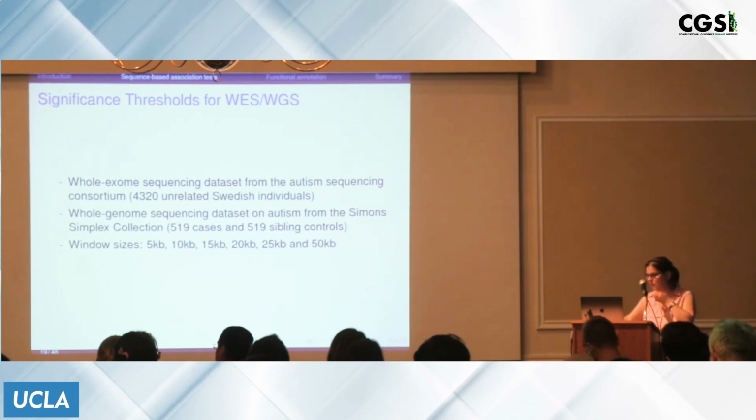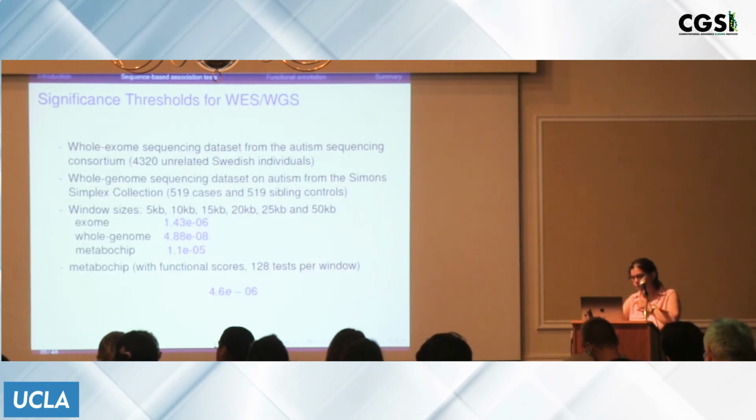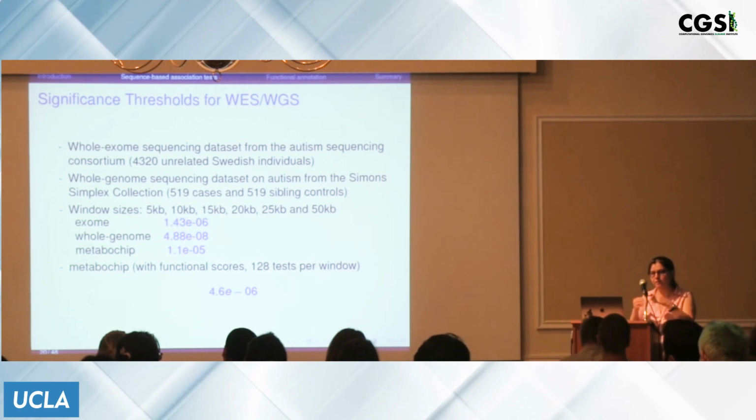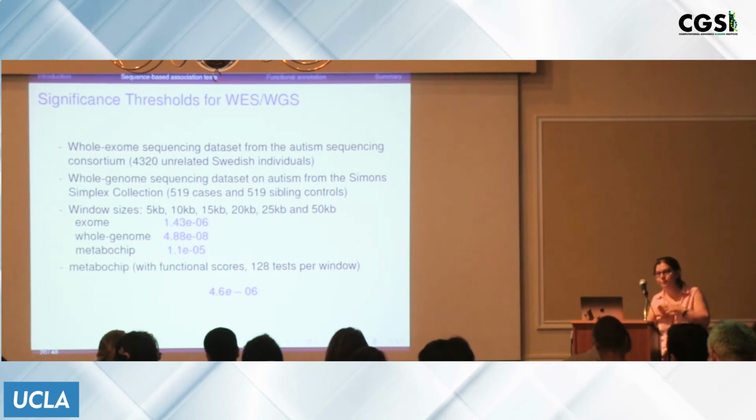So these thresholds that we derive from applying the sliding window approach to the different data sets depend on the correlation among the test statistics, and that correlation we evaluate empirically using this data.